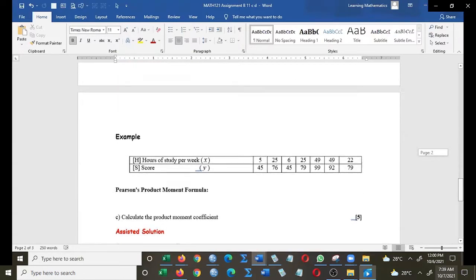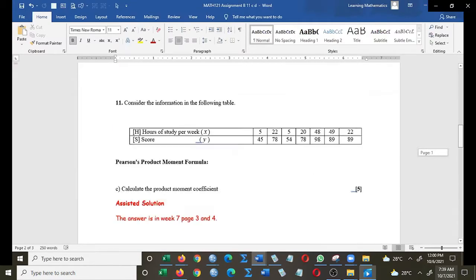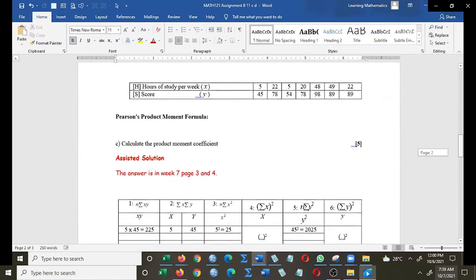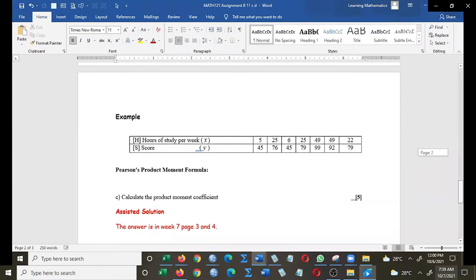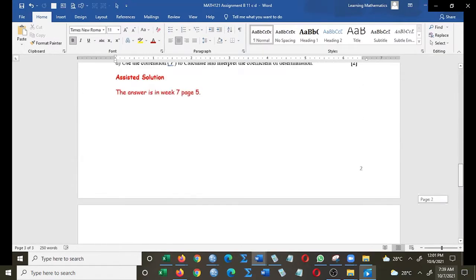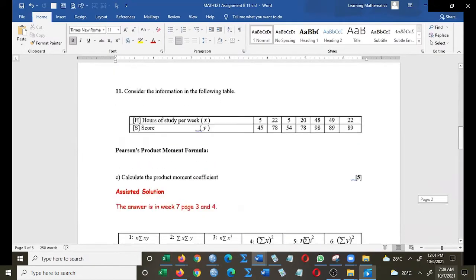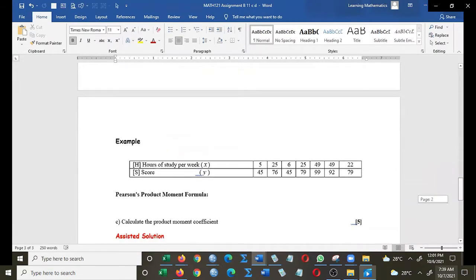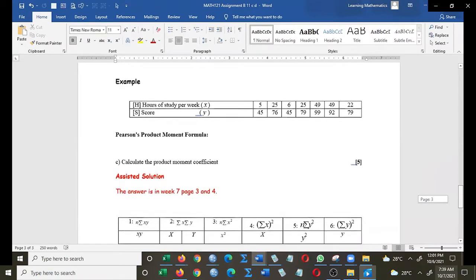So here you have the example now. The numbers are similar, but they are different. You have 5 and 45. I kept the 5 and 45 because I didn't want to go and recalculate all of that again. But all the orders are different. You have 22 and 78. Here you have 25 and 76, and so forth.